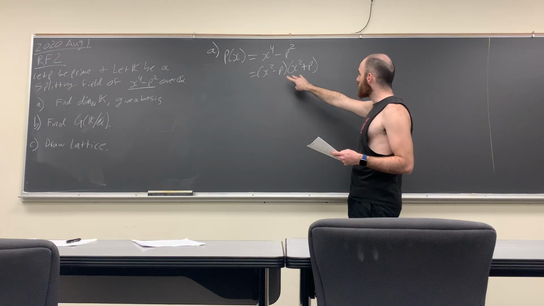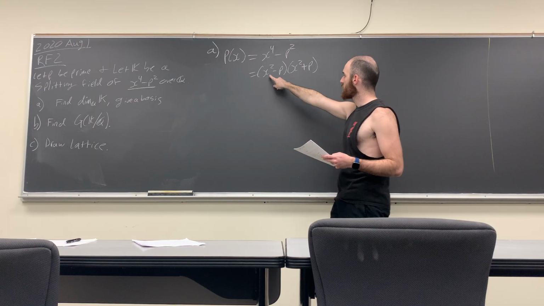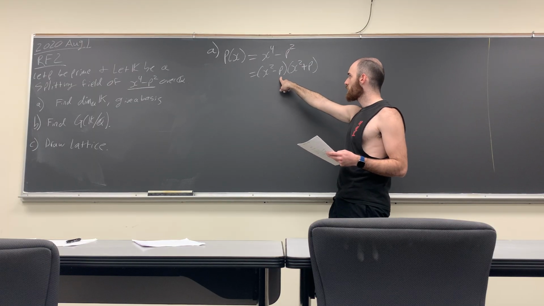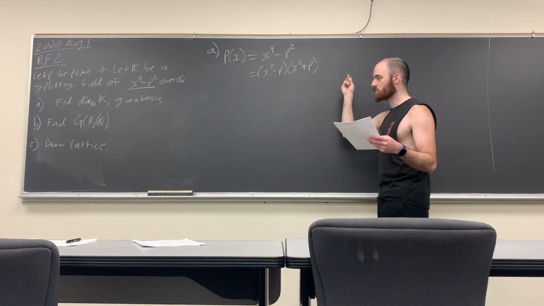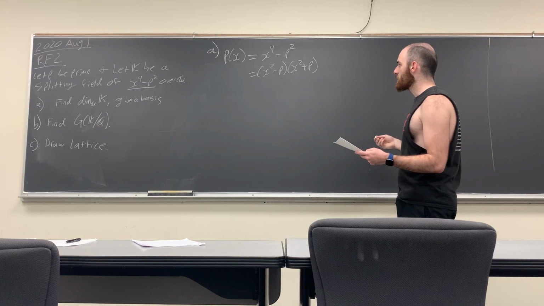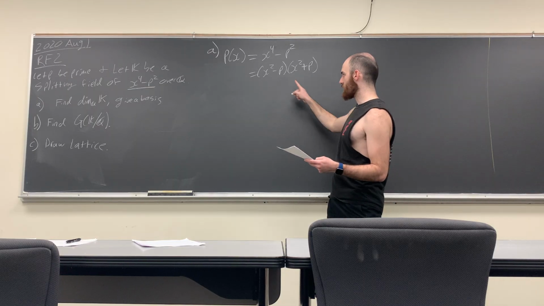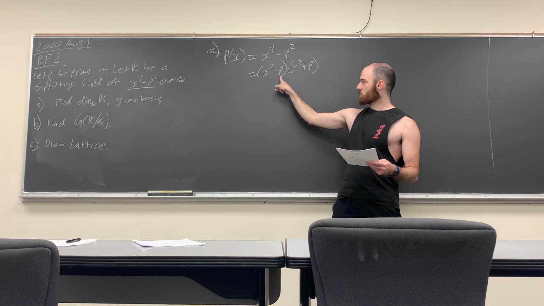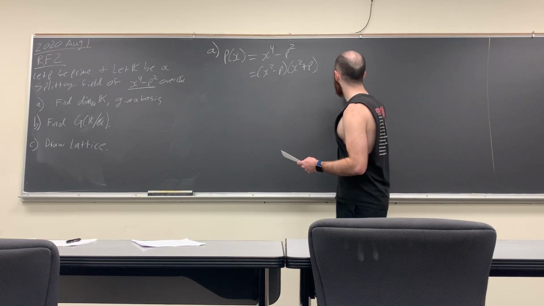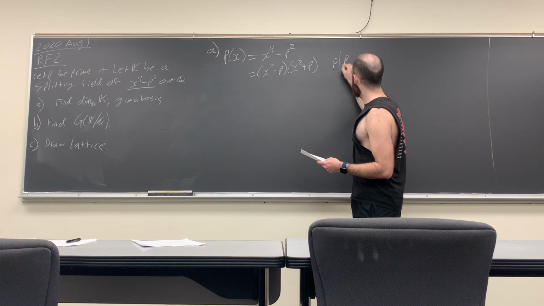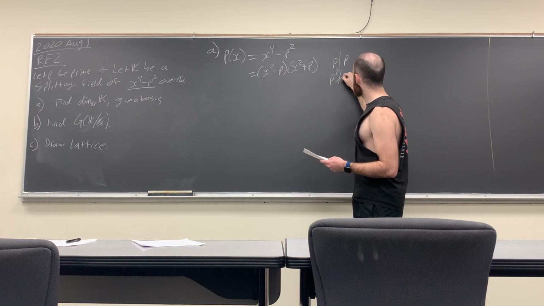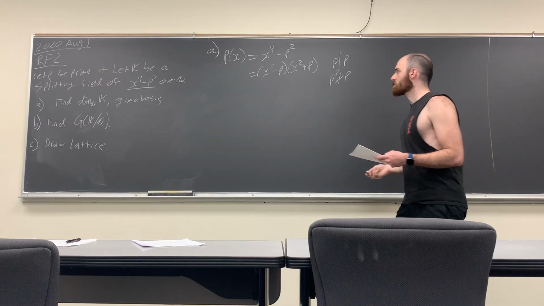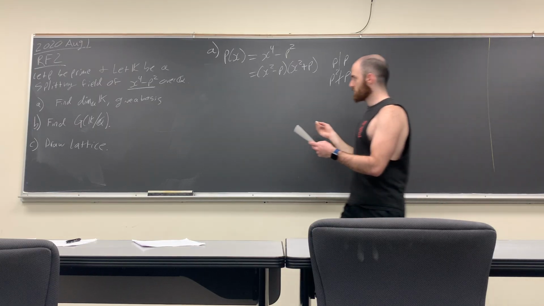And then at this point, we notice that this factor is irreducible over Q, and this factor is irreducible over Q, because by Eisenstein's criterion, p divides the last term, but p squared does not divide it. So we have p divides p, and p squared does not divide p.